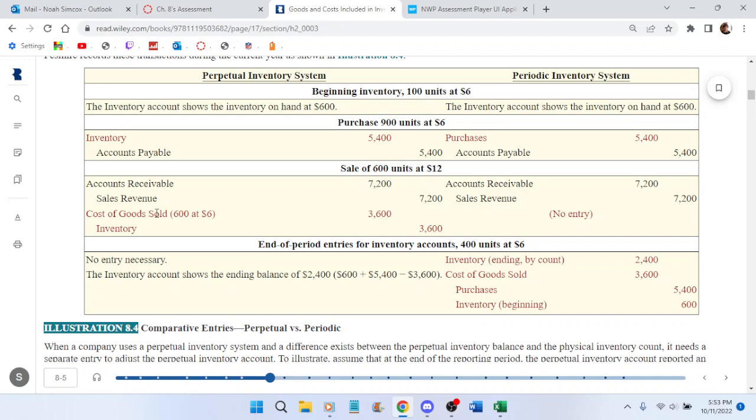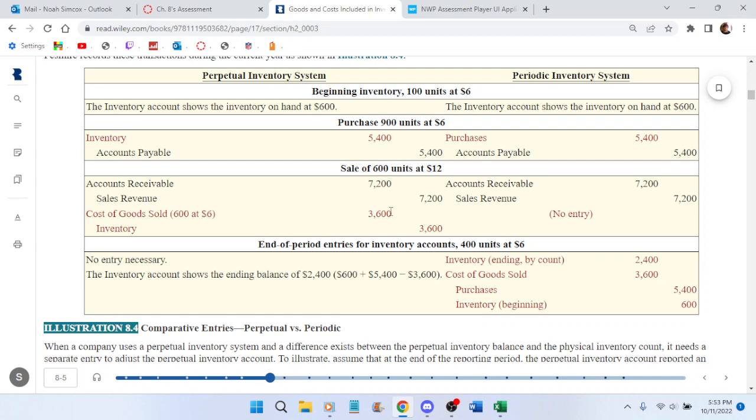It's funny because we were skipping that entry before. But anyways, do the same thing that you normally do, but now you add cost of goods sold, inventory, because your cost of goods sold is an expense that is increased.